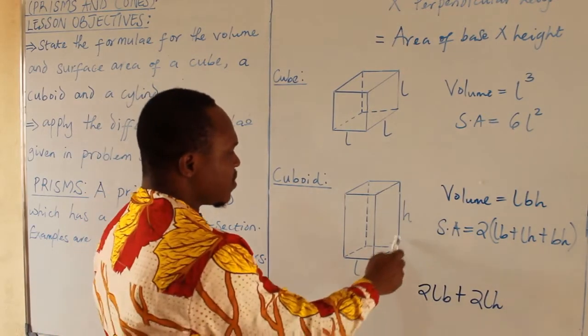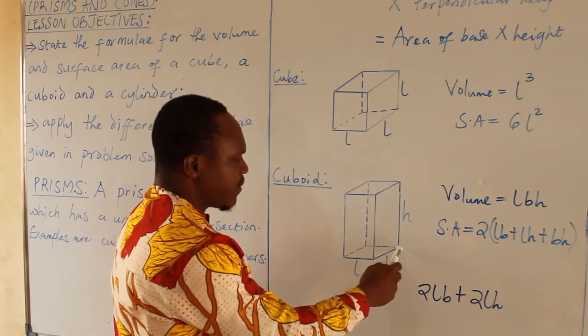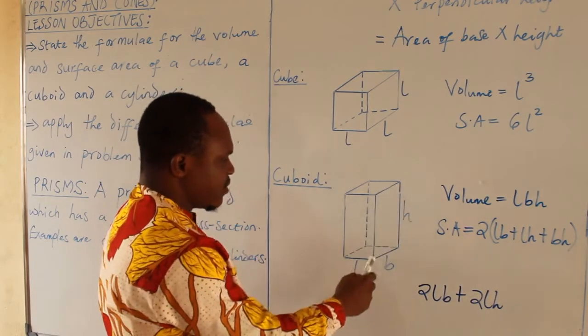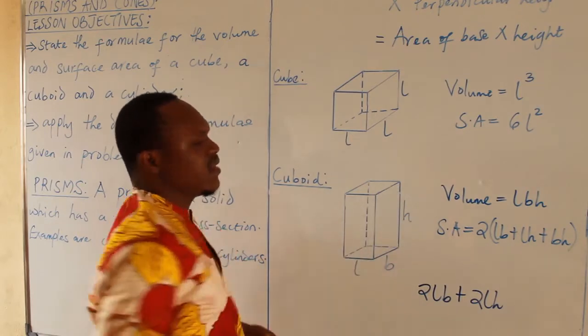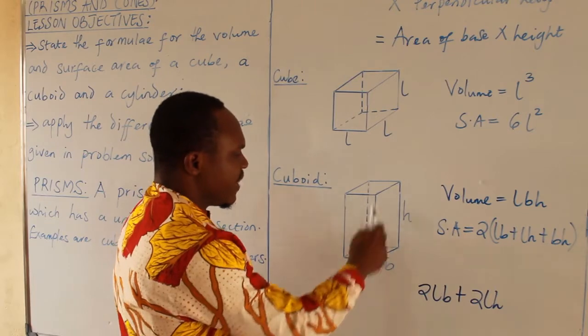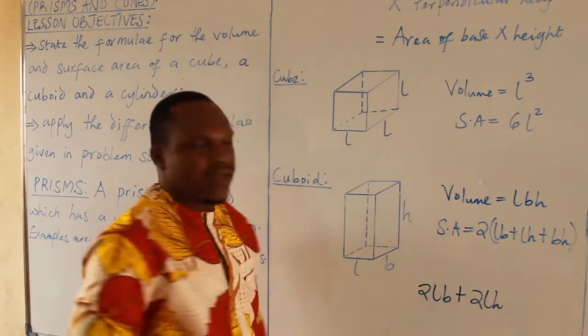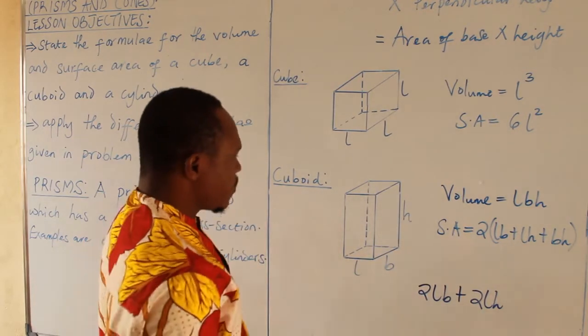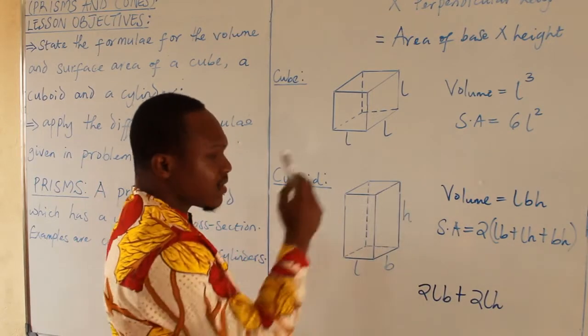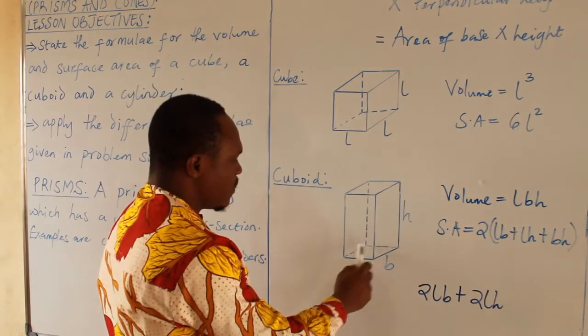The area of this face on the side will be the breadth multiplied by the height. On this right side, the breadth multiplied by the height. So the area of this right side will be the breadth times the height, B times H. And if you also look, the cross section we have on the right side is exactly the same cross section we have on the left side.